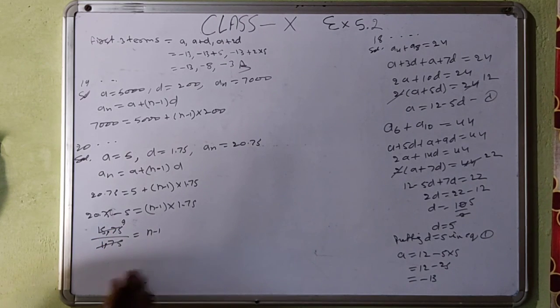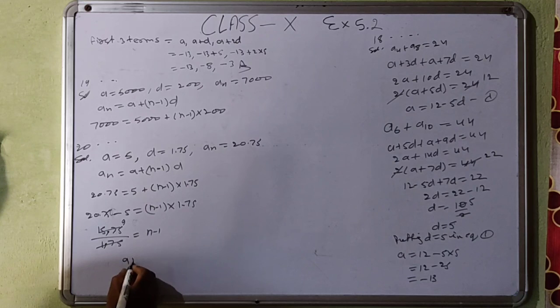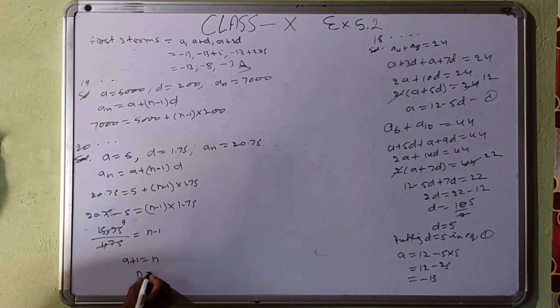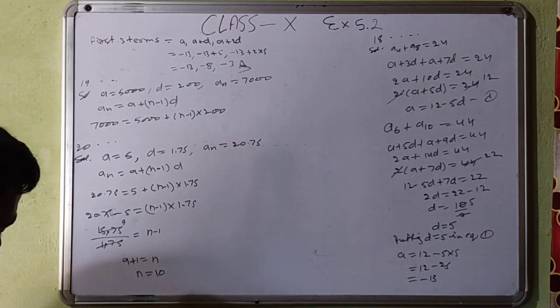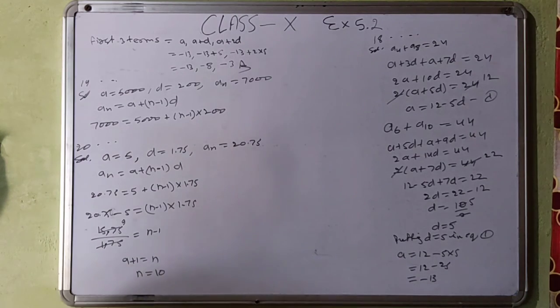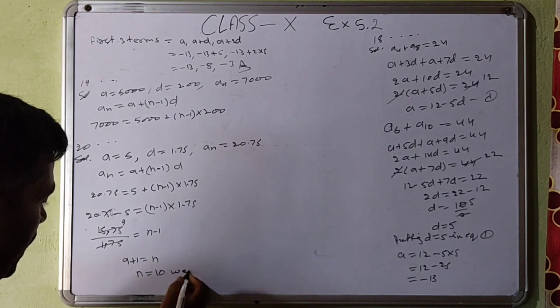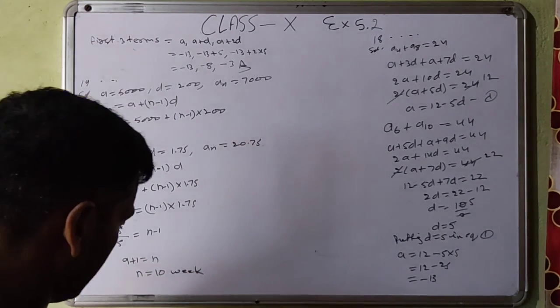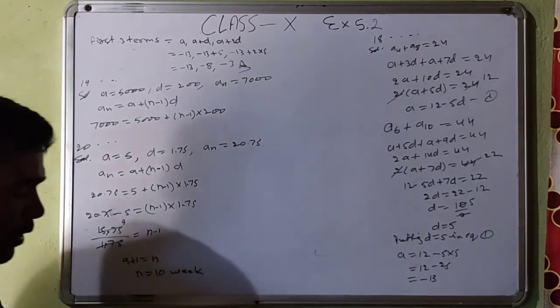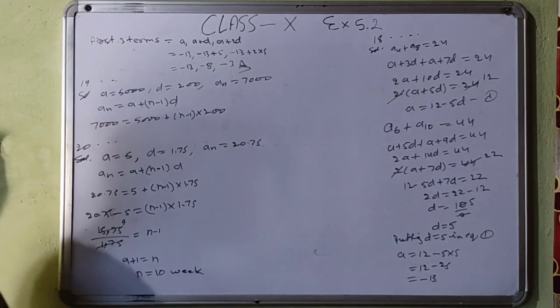And then 9 plus 1 is equal to n. So n is equal to 10. That will be the 10th week. In 10 weeks, she will get 20 rupees 75 paise.